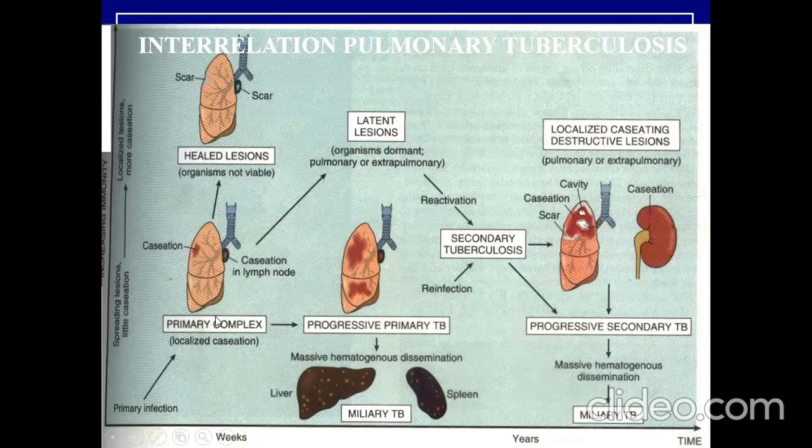Now, if the immunity is very poor in a child, then what we get is a progressive primary tuberculosis. Just to inform you, these lymph nodes are very highly vascular, and the organisms spread via the bloodstream into the whole of the body.